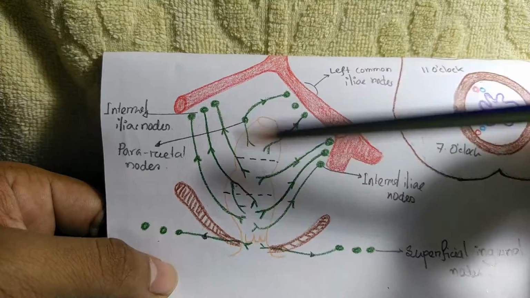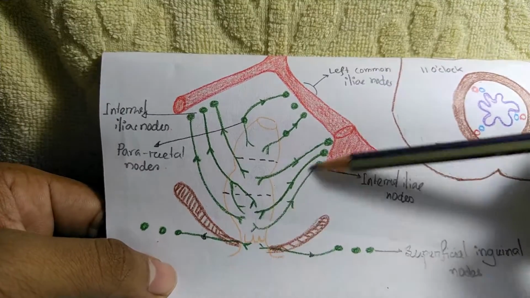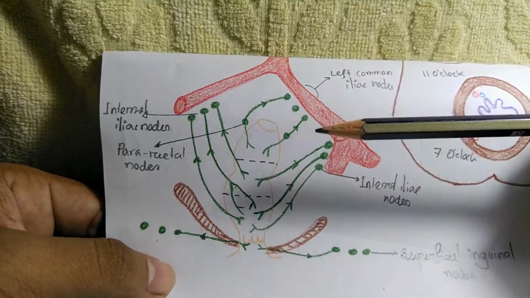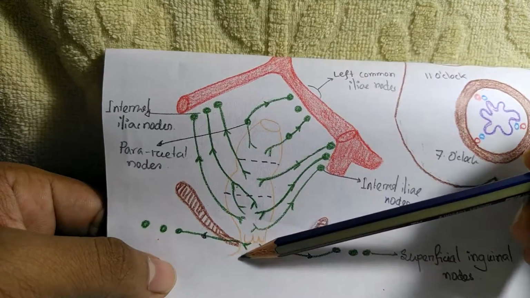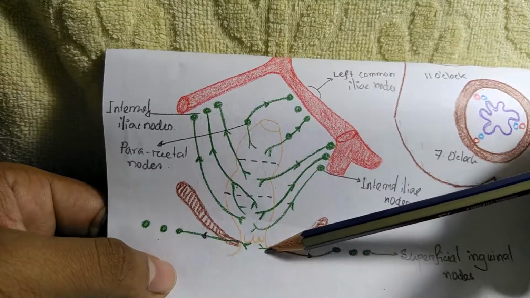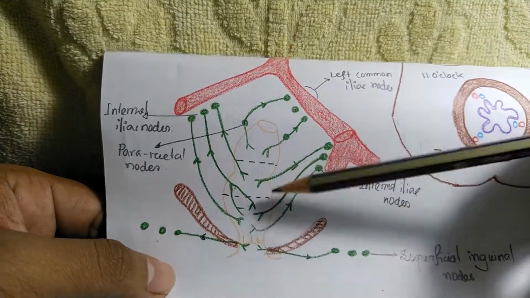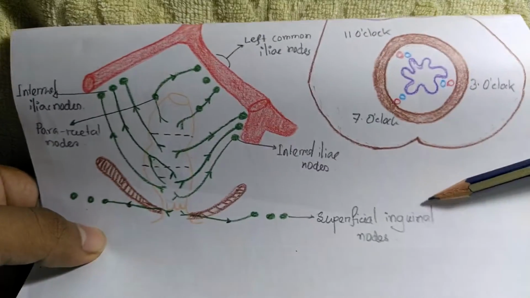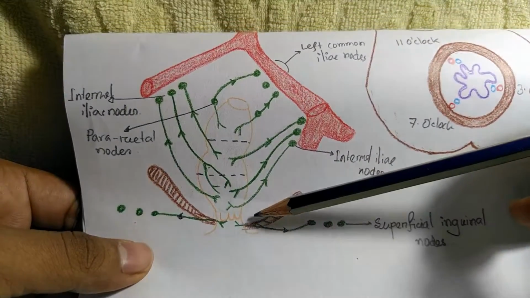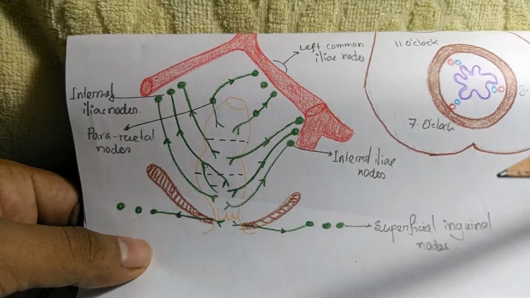So this is the internal iliac nodes. And the anal canal, or the part of the lower third and anal canal, is drained through the superficial inguinal nodes. So that is the lymphatic drainage.